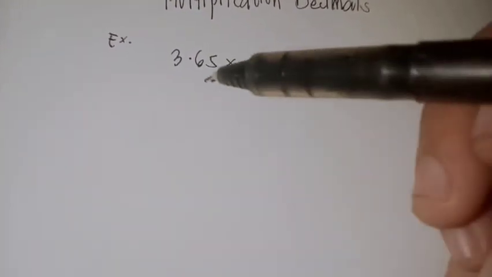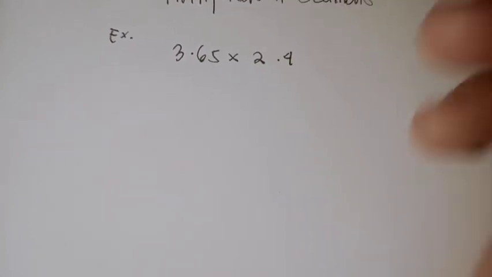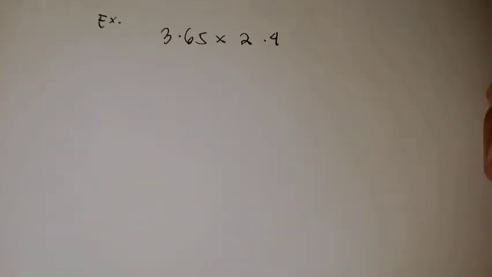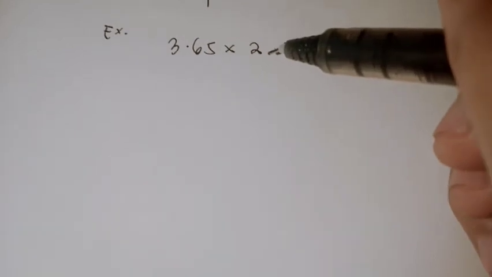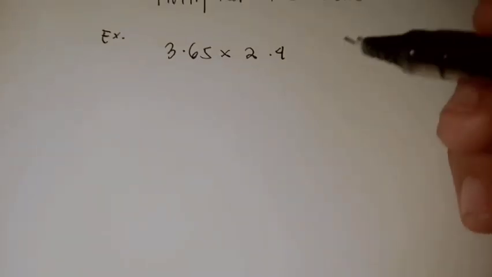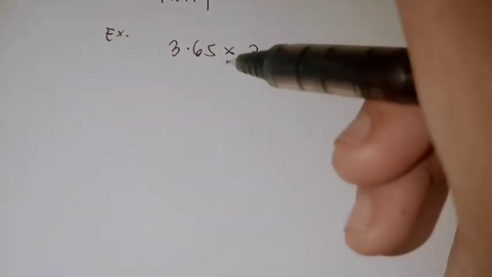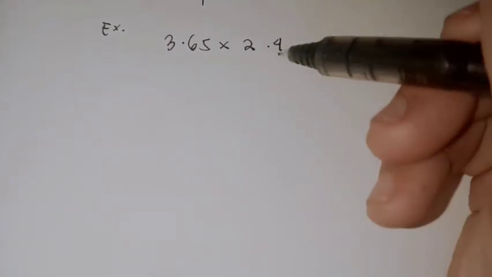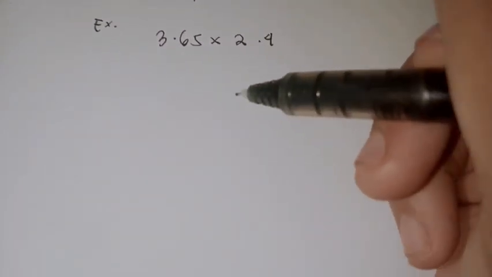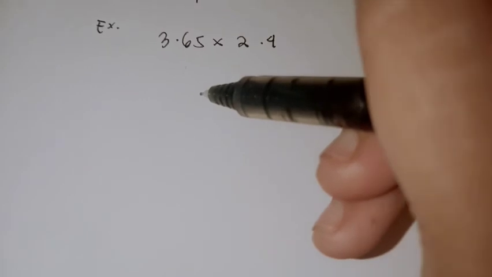With this, we will find it hard to answer. So what we're gonna do is pretend that the dot, or the decimal point, is not there, so that we will get the whole number.